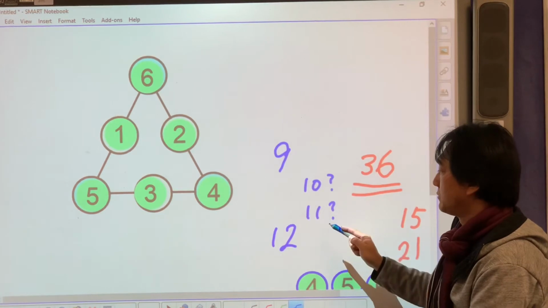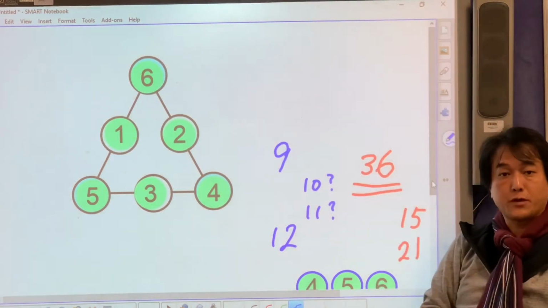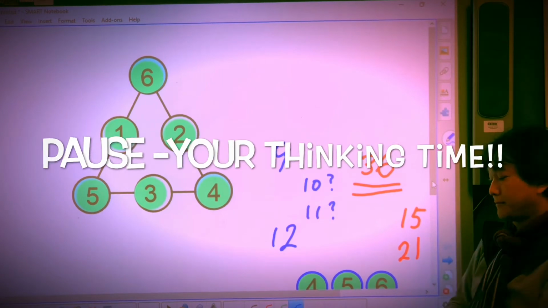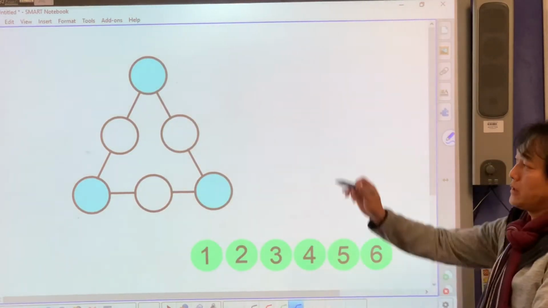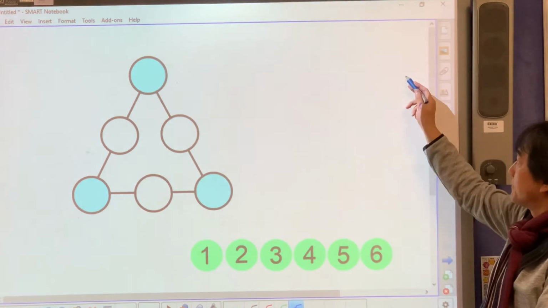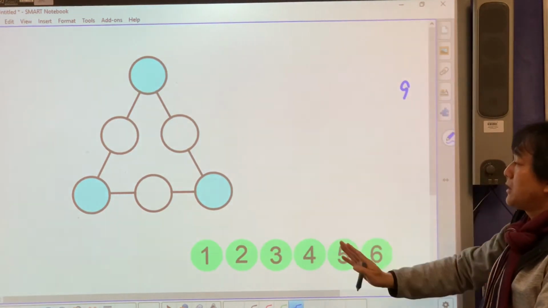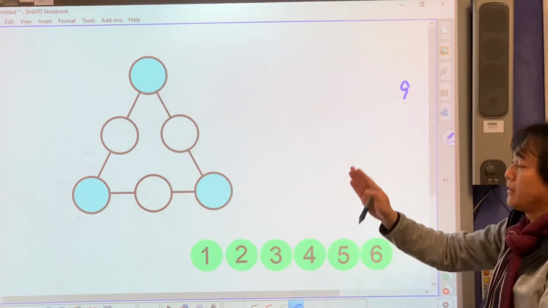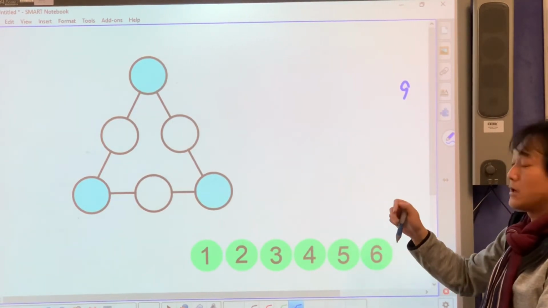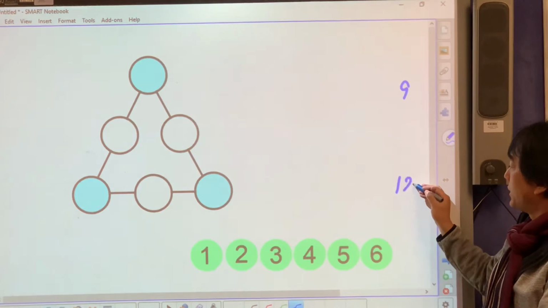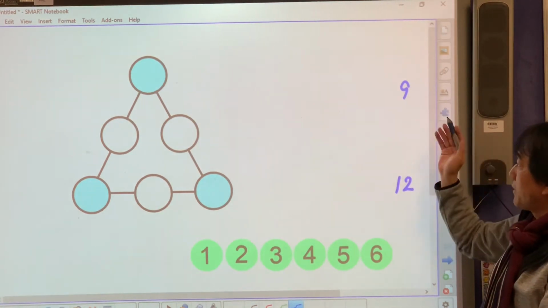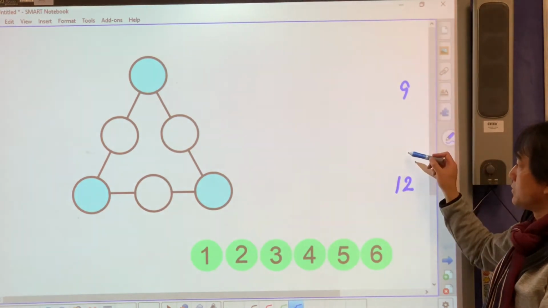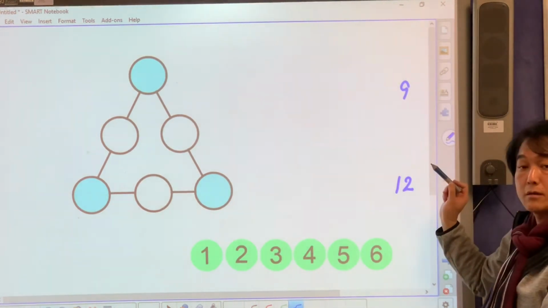And how? So let's pause the video. The first solution, each line added up to 9. The second solution, each line, when we add the numbers, was a total of 12. So we're thinking if there's a solution to make 10, a solution to make 11, right?